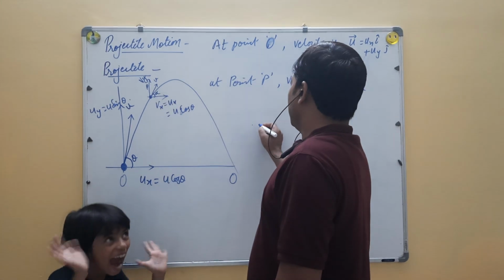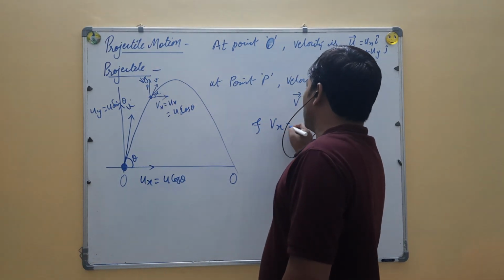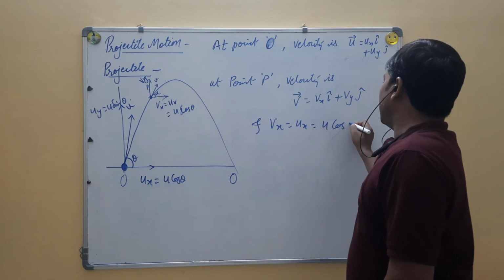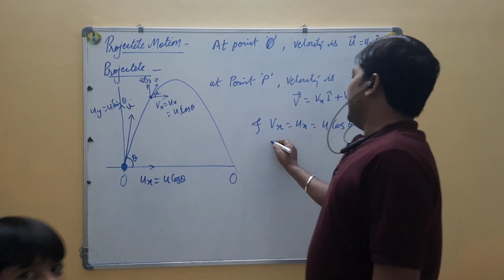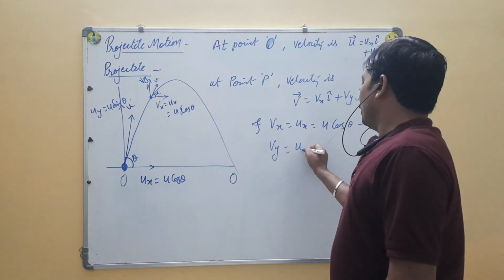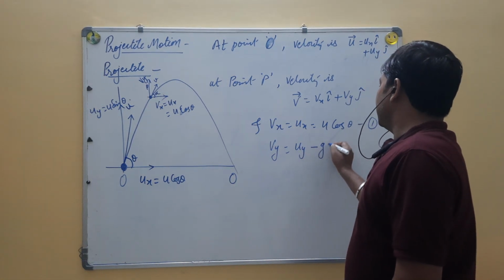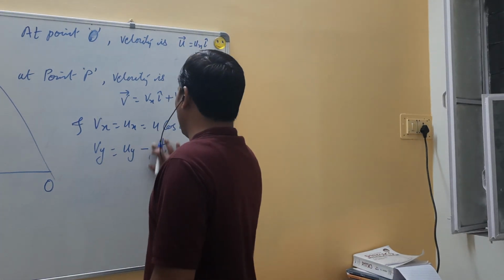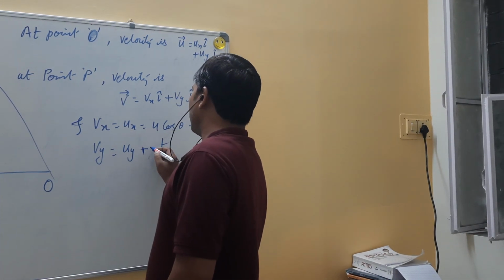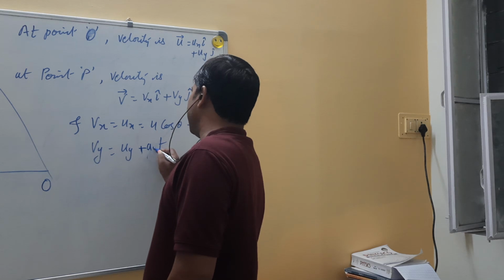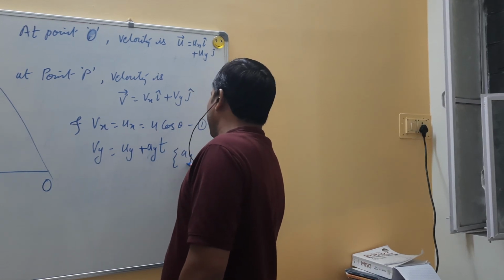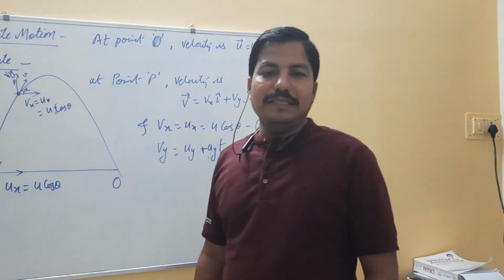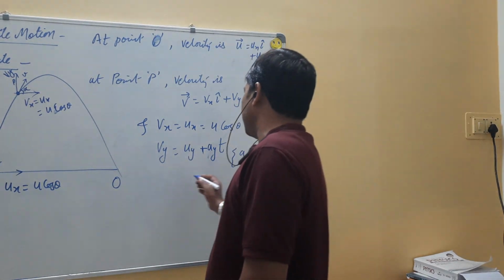and vx is equal to ux, that is u cos theta, equation number 1, and vy is equal to uy minus gt. This equation is obtained from the equation vy is equal to uy plus ay t, but we know that ay, the component of acceleration along the y direction, is equal to minus g.